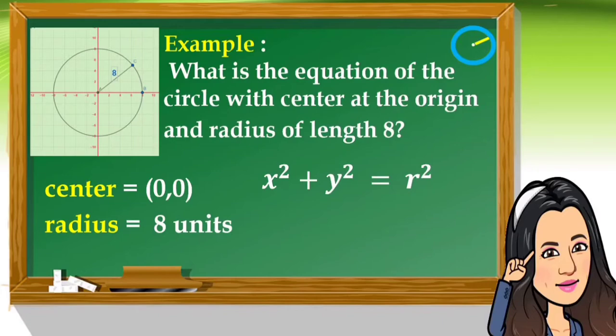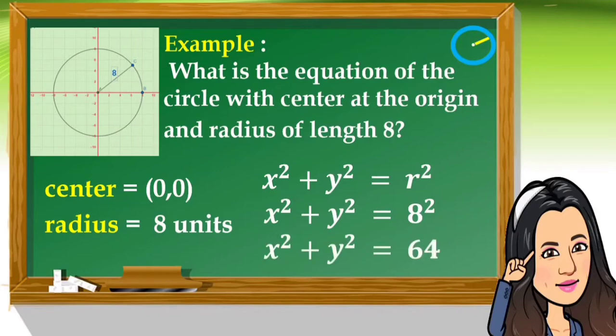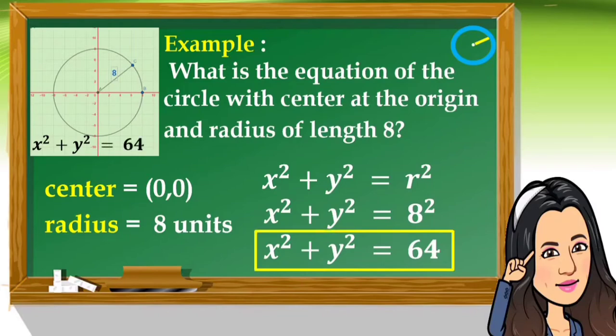So this is equal to x squared plus y squared is equal to 8 squared. Simplifying 8 squared, that is the same now as x squared plus y squared is equal to 64. This is the equation of the circle whose center is at the origin and whose radius is 8 units.